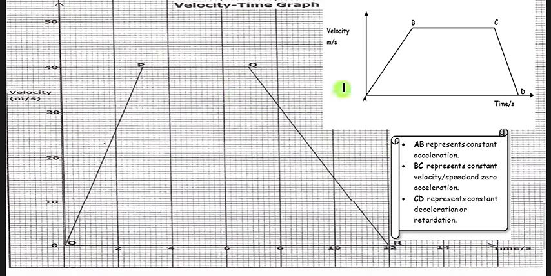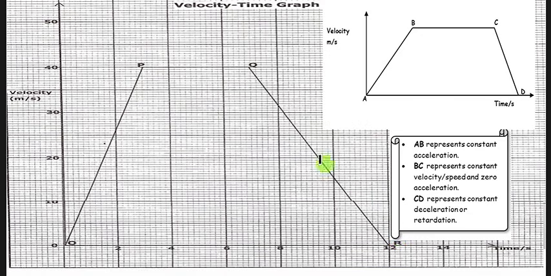So O to P is the same as A to B. Here AB represents constant acceleration, because if you have velocity time, then this line which goes like this represents constant acceleration. Then this line here represents constant velocity or speed. Then this line here represents constant deceleration or retardation. So here constant acceleration, here constant speed, here constant retardation.